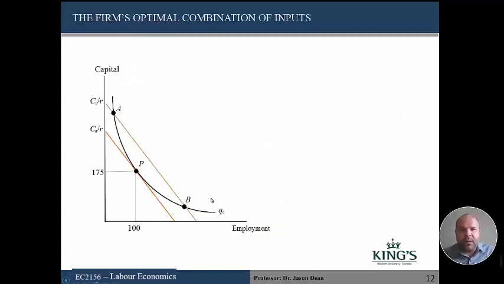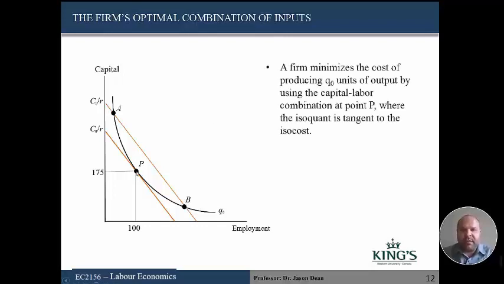Now let's talk about the firm's optimal combination of inputs. We're putting together here the isoquant and the ISO cost lines, and we're going to say that P is the optimum point. Think of a firm. It's going to choose a quantity that it wants to produce that would maximize its profit, in this case Q0.